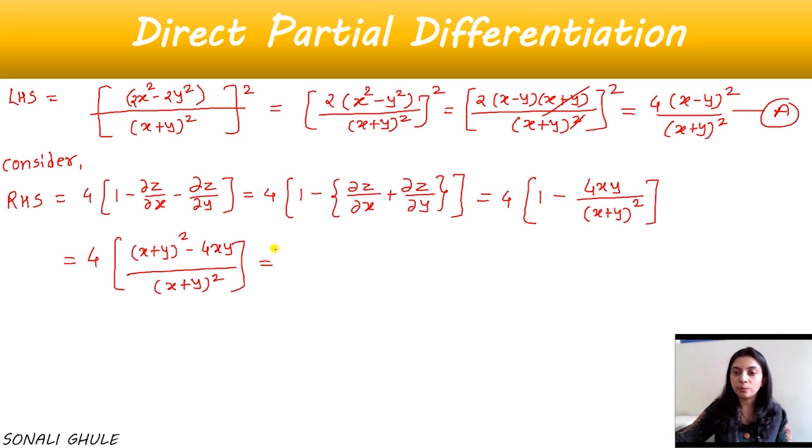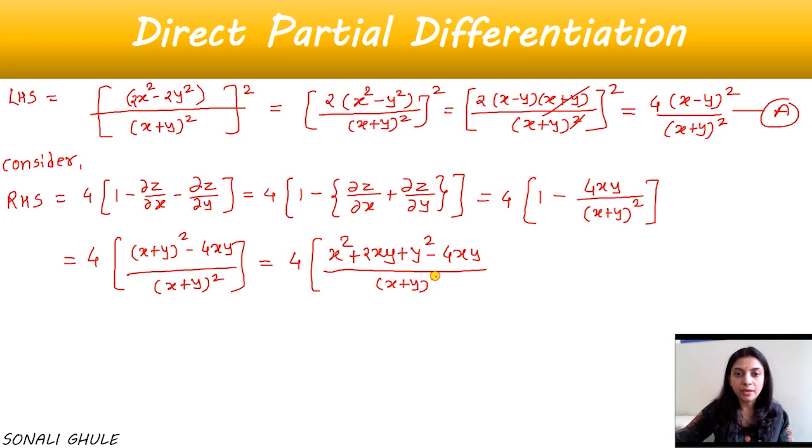A plus b whole square. What is it? A square plus 2ab plus b square. So according to this result, what I will get here? X square plus 2xy plus y square minus 4xy upon x plus y whole square, right?